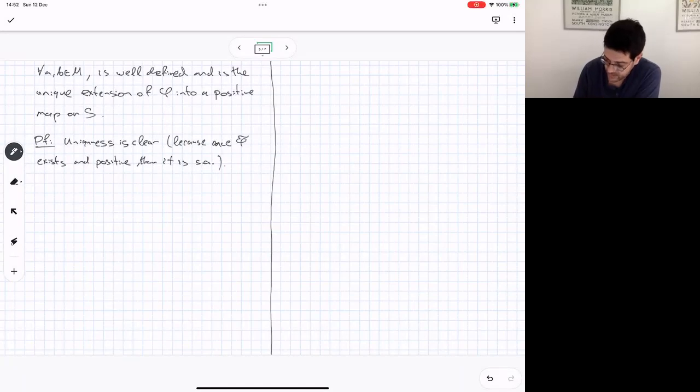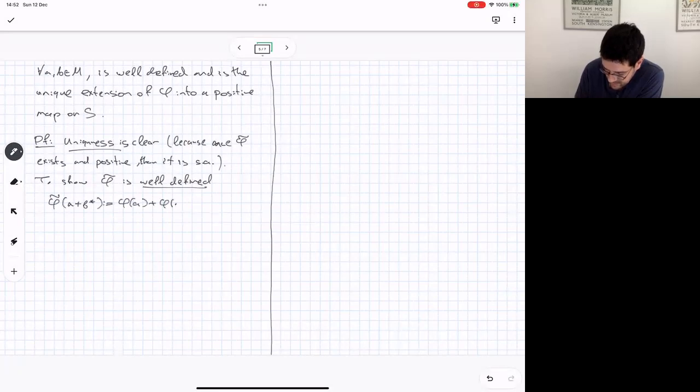What about showing it is well defined? So this was uniqueness. To show phi twiddle is well defined. What do I mean by well defined? I said before that the definition of phi twiddle was that A plus B star is sent to phi of A plus phi of B star.